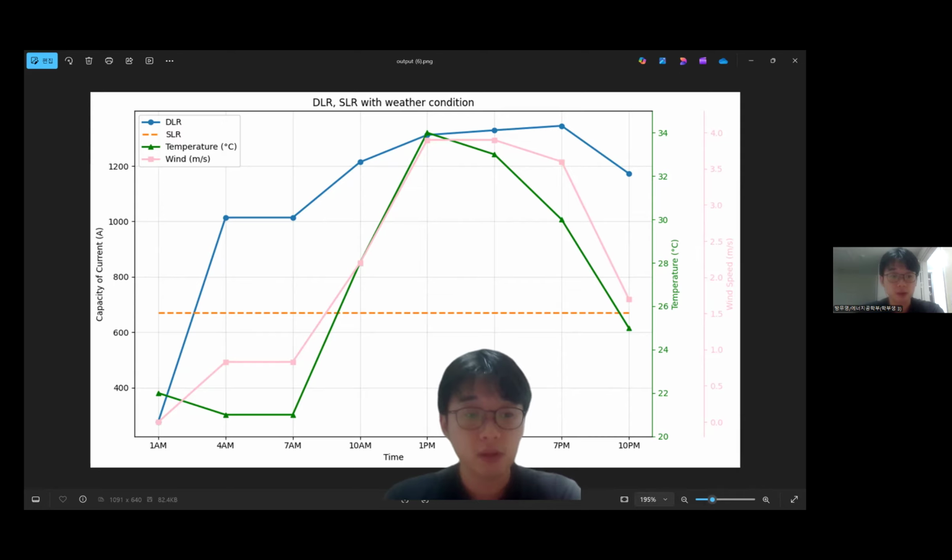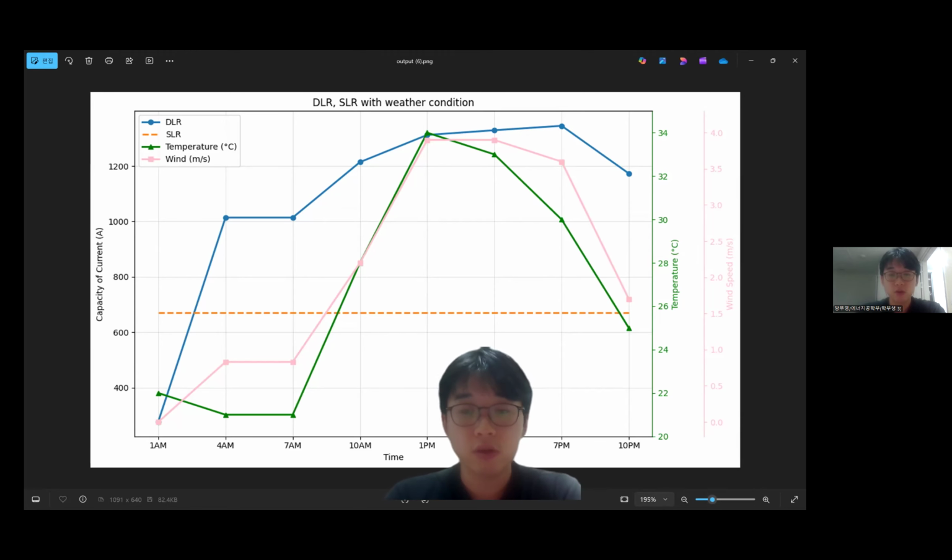In the DLR graph, DLR increases from 1 a.m. to 7 a.m. and DLR capacity inclines shortly from 1 p.m. to 7 p.m. We can see that the wind graph and DLR graph are more related.